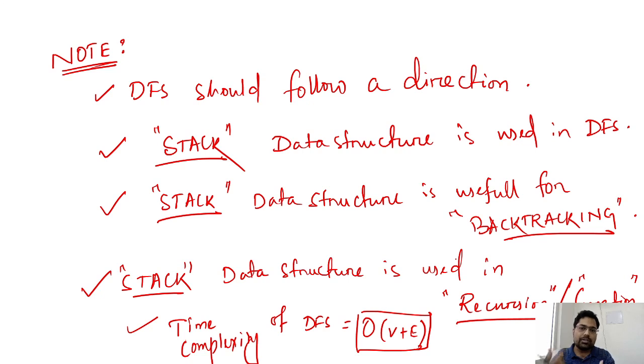If you are saying V square, you should say it's adjacency matrix. How we are getting it, you can check the introduction video too. And also, if you say the space complexity is V square due to adjacency matrix, that is also correct. Why? Because we have discussed this adjacency list and matrix in the introductory video of the graph.